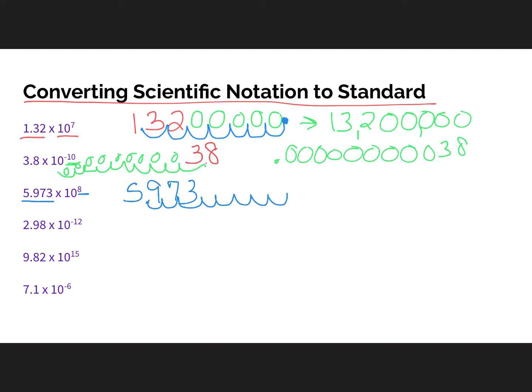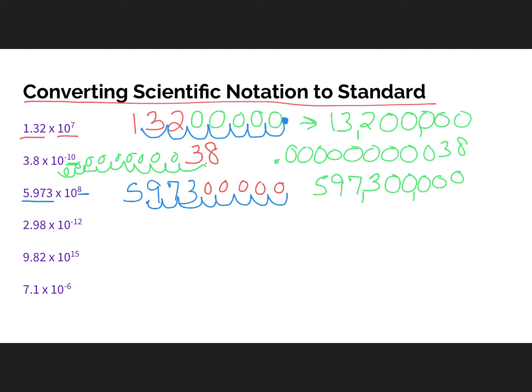And I'm going to add those zeros. So the number I end up with is 5, 9, 7, 7, 3, followed by 5 zeros, which gives me 597,300,000.